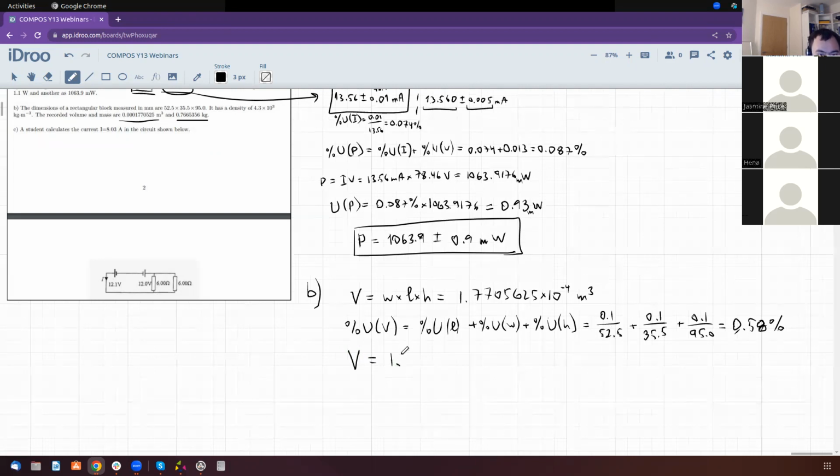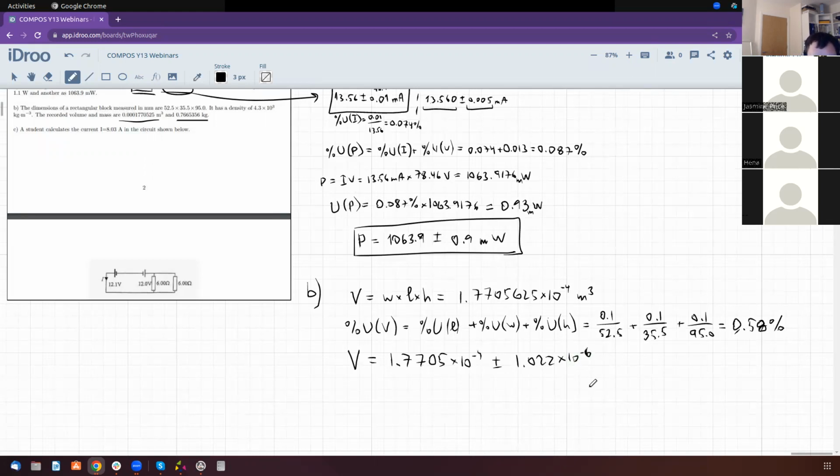It's 1.7705 times 10 to the minus 4 plus or minus 1.022 times 10 to the minus 6.